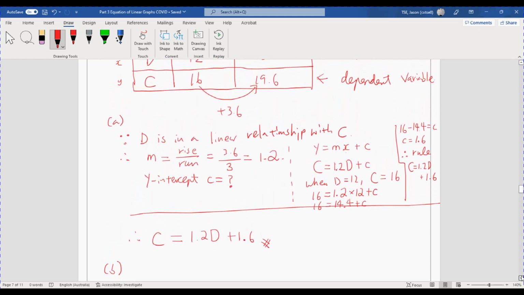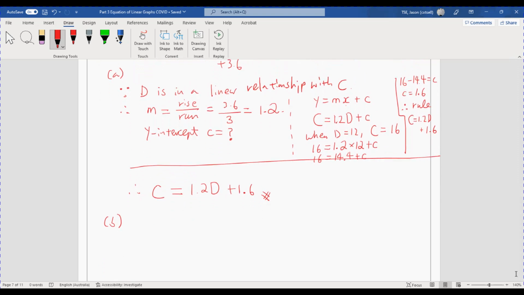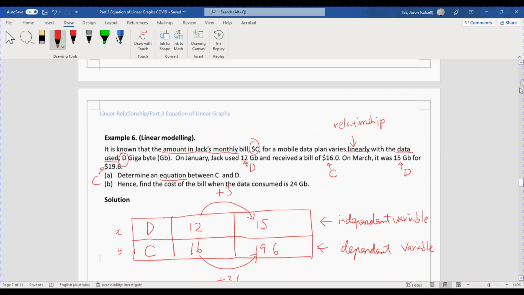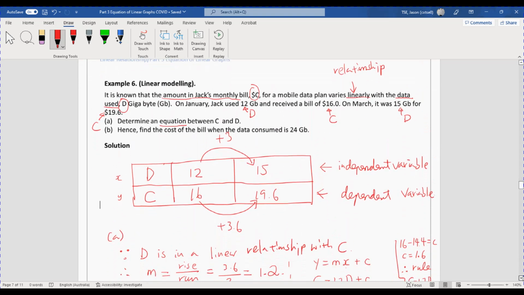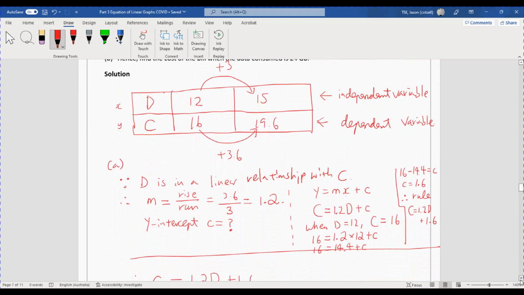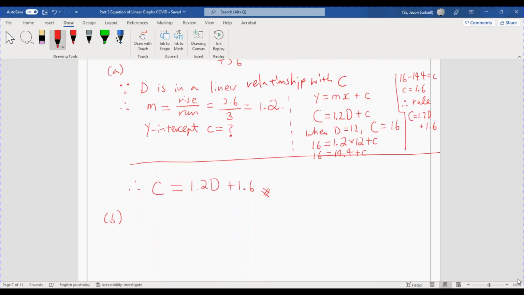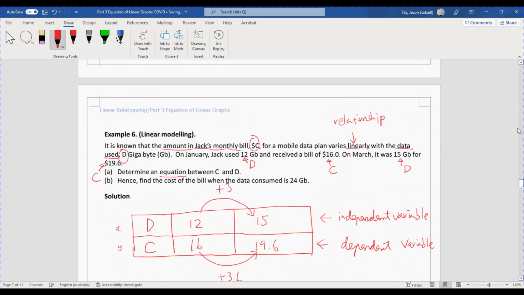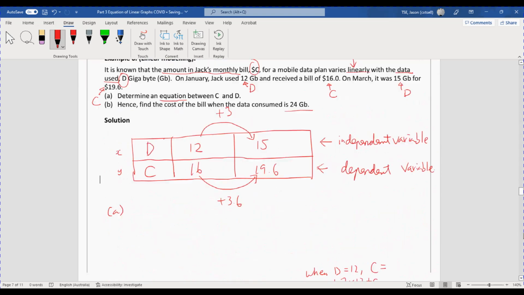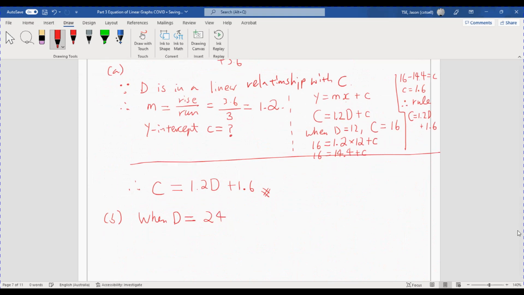All right, so I need to continue now. Part B is about the cost of the bill when the data consumed is 24. So B is about finding the capital C when D, the data used, is 24.